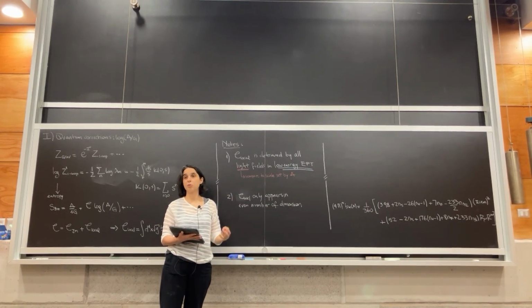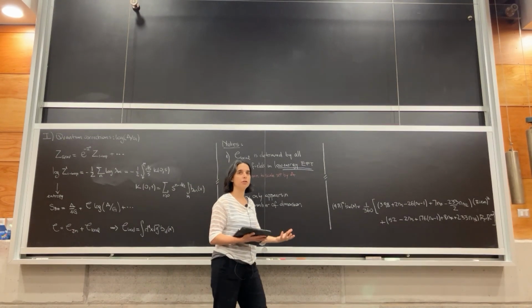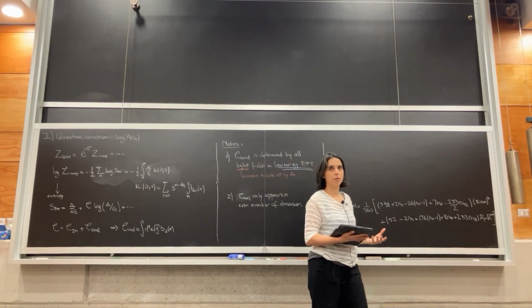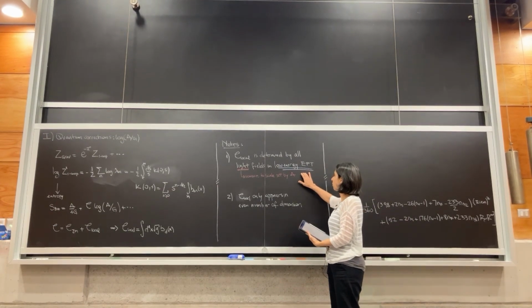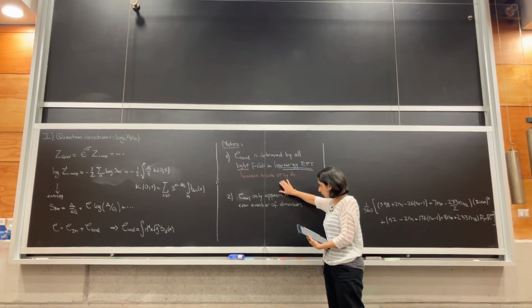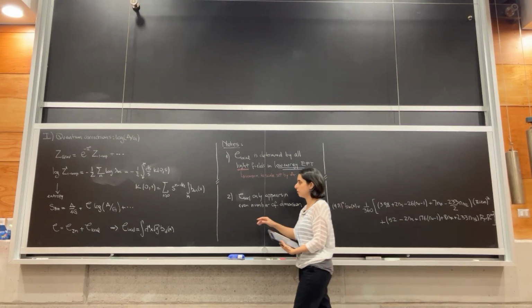Okay? So this is what is kind of nice about this, that I don't need to know the UV completion, quantum gravity, I don't need to know the details of it. If you specify what your low energy theory is, then that fully determines this correction.